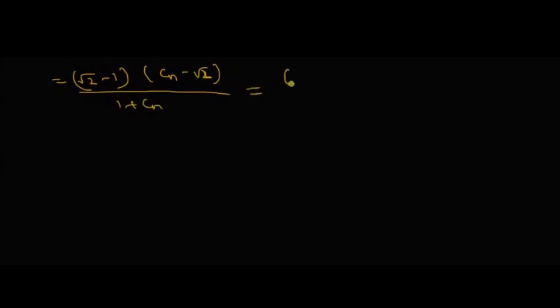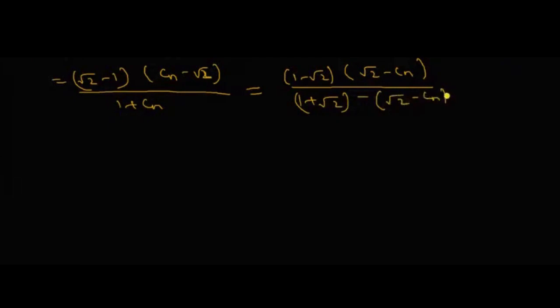This can be written in principle as root 2 minus c_n divided by 1 plus c_n, times root 2 minus 1, for all n greater than or equal to 0, right?